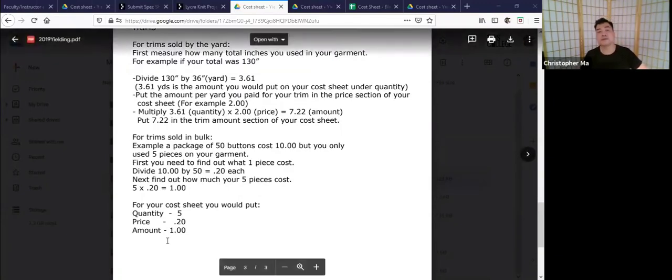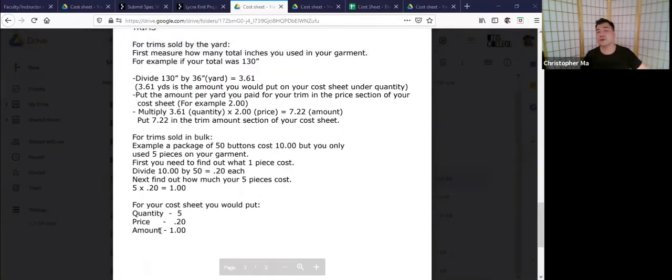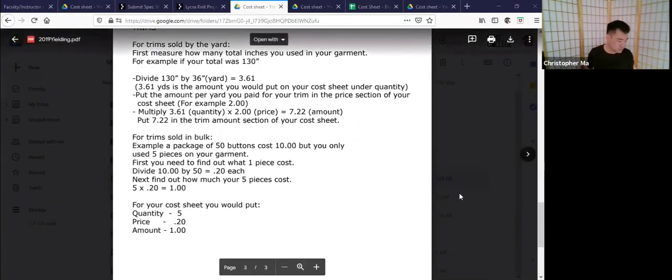On the cost sheet, this is what you're going to put. 5 is the quantity, price is 20 cents, and the total amount you use on the buttons for this garment is $1. It sounds so tiny, right?